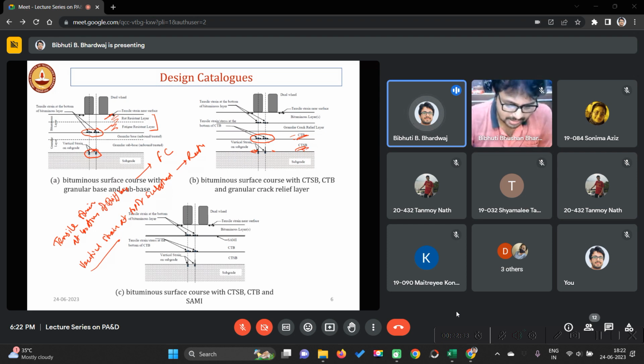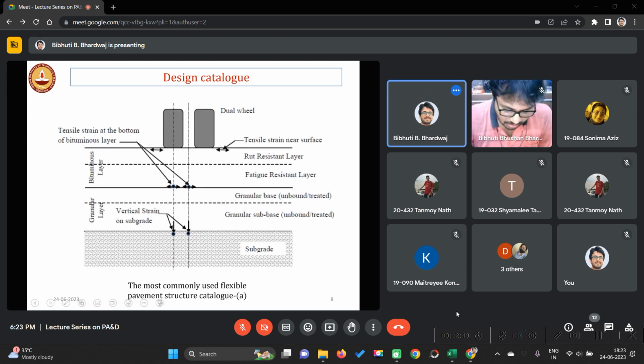So checking here is good enough. So here also you can see, under the bituminous layer, under the CTB, and vertical strain above the subgrade. Okay, all right. So this is the most commonly used flexible pavement structure, at least in India.